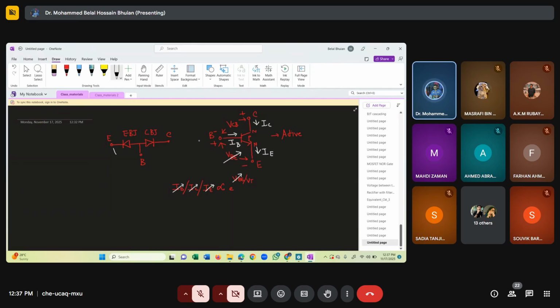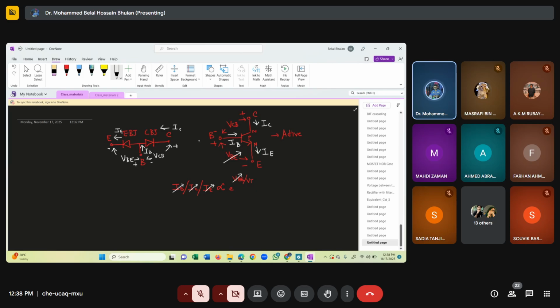So here you can say it's a diode. If you apply the voltage VBE, plus minus, and VCB, plus minus, and the current is IE, IB, and IC, all of them are dependent on VBE.